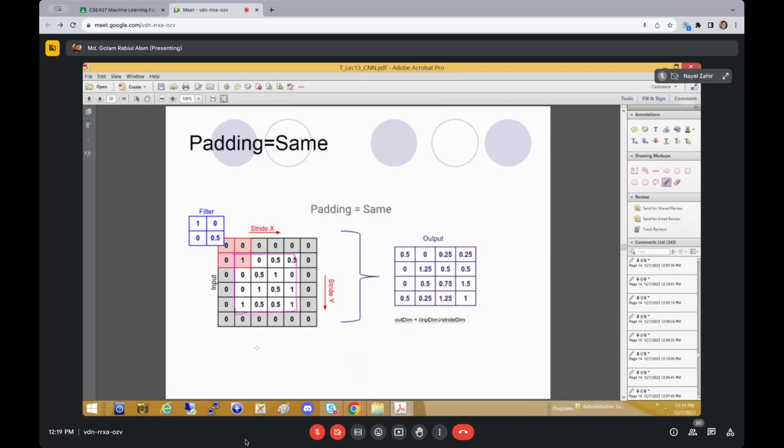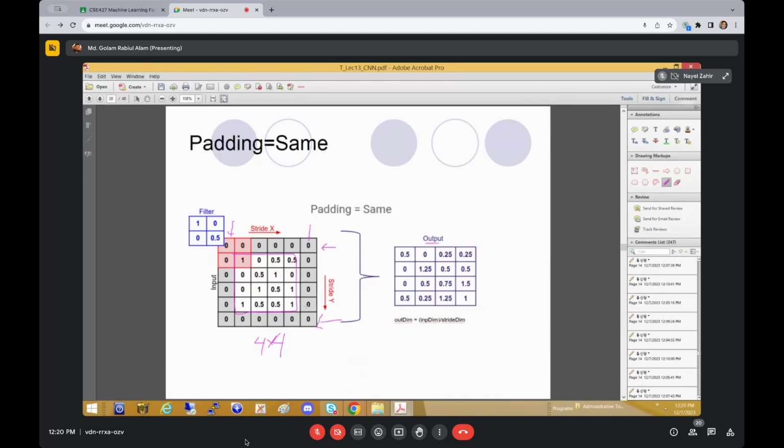Then we want the same dimensional feature maps. In that case, we have to apply the zero padding. You can see that 0 here, and here is also 0. These are the added zero padding. Here are also zeros, and zeros are there too.